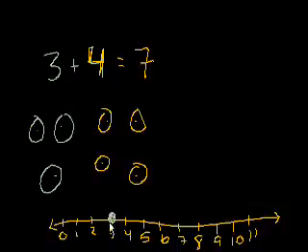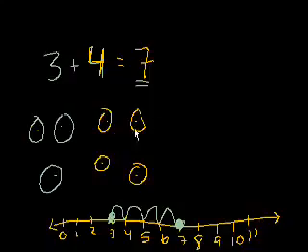So I have 3 here, and we're going to add 4 to that 3. All we do is go up the number line, or to the right on the number line, 4 more. So we go 1, 2, 3, 4. Notice all we did was increase it by 1, by 2, by 3, by 4. And then we ended up at 7. And that was our answer.